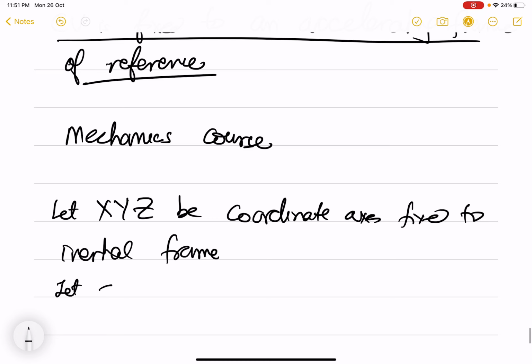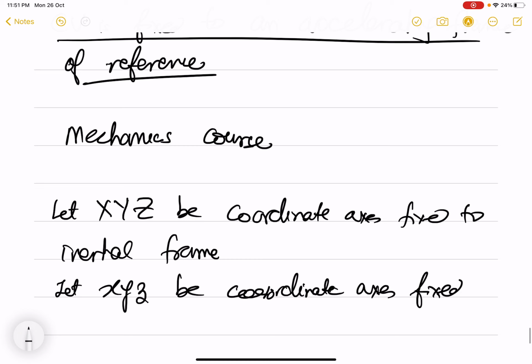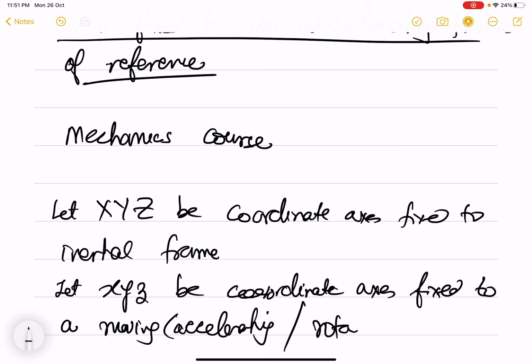And let small xyz be the coordinate axis fixed to a moving, which is an accelerating frame. In general, we will take it as a rotating frame.